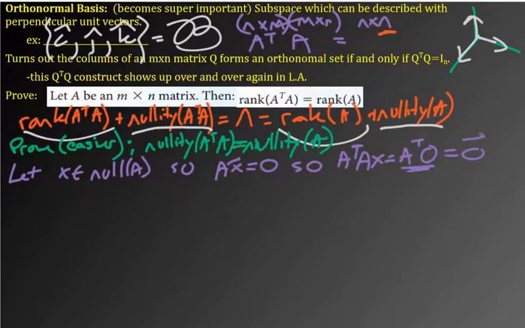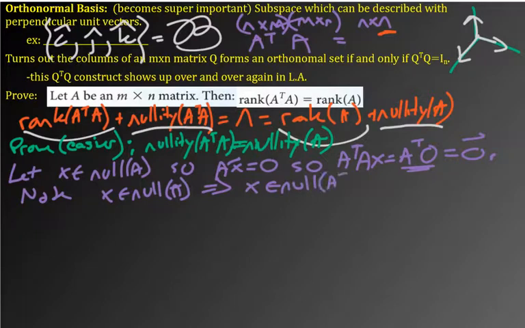And so from that line, note that x in the null space of A implies x is also in the null space of AᵀA, because right there I'm saying AᵀAx equals 0, which means x is in the null space. It's in the things that go to 0. So basically, we've proved the null space of A is contained in the null space of AᵀA.